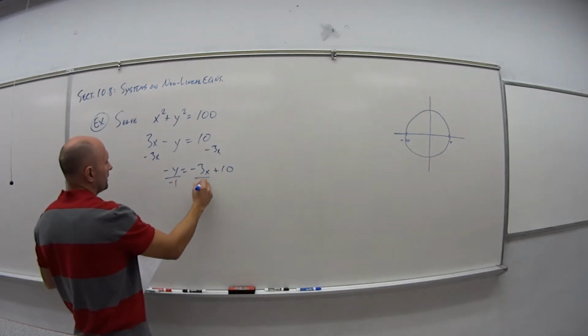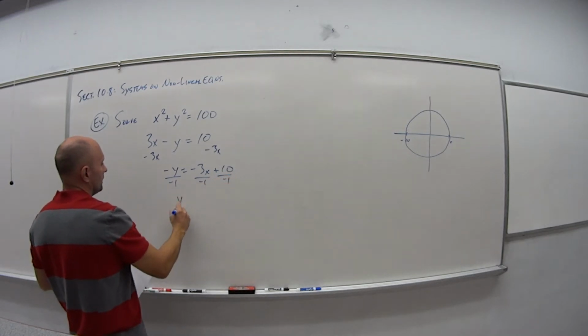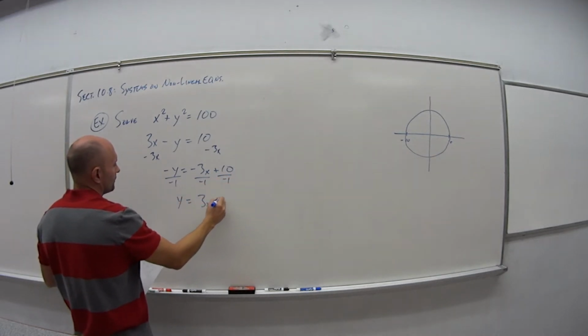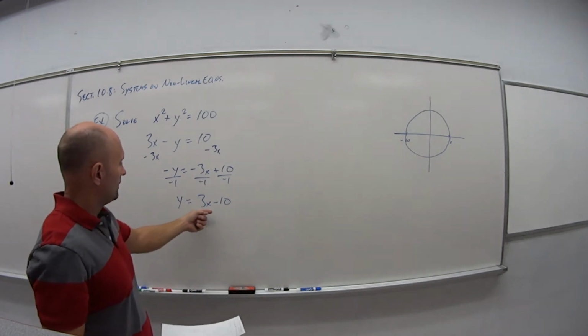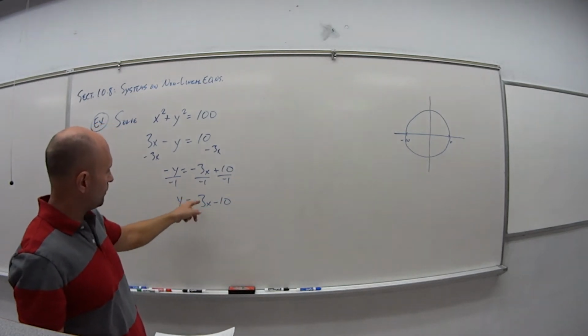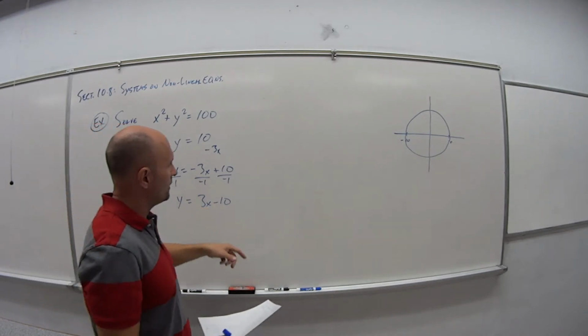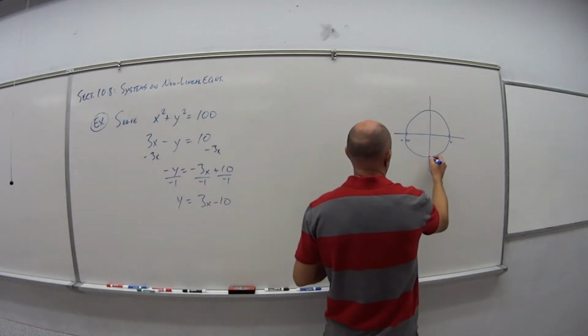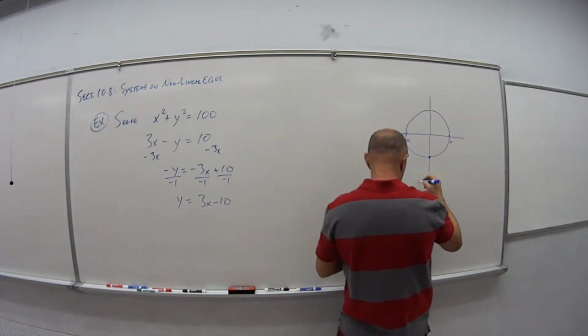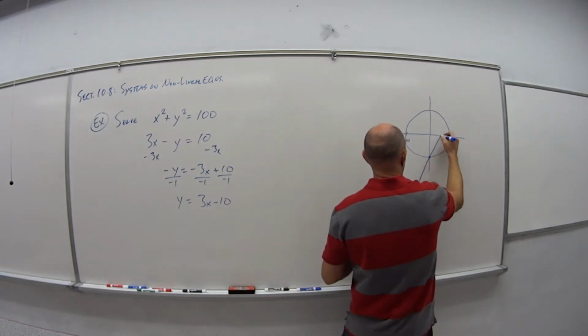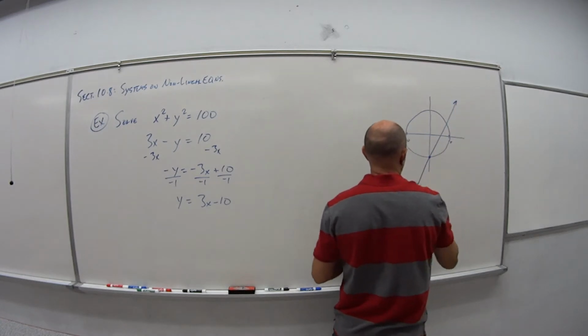Divide everything by negative 1, and you get y is equal to 3x minus 10. This is the equation of a line, y equals mx plus b form, with our y-intercept down here, which happens to be this part of the circle. And then we have the line that heads up this way.